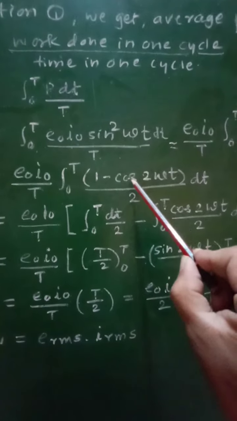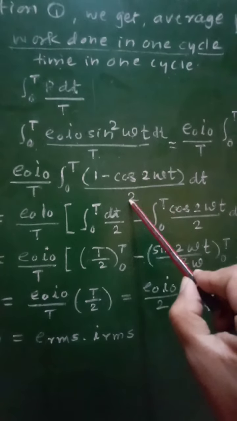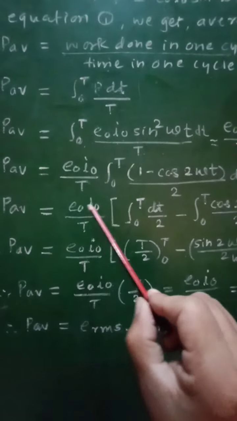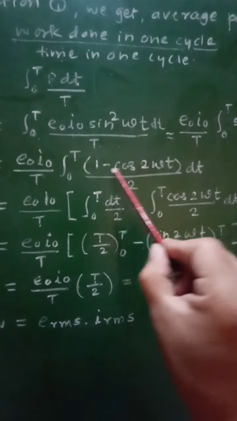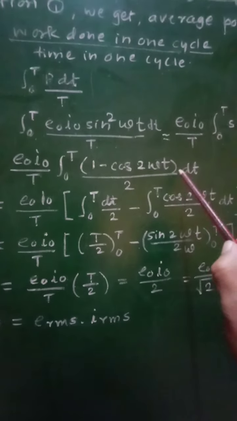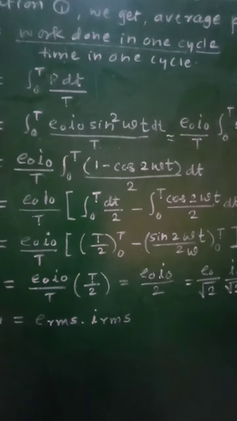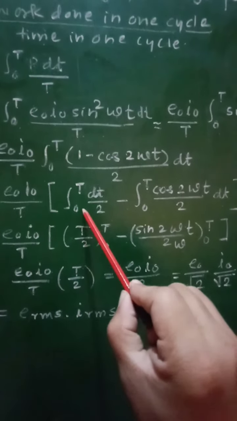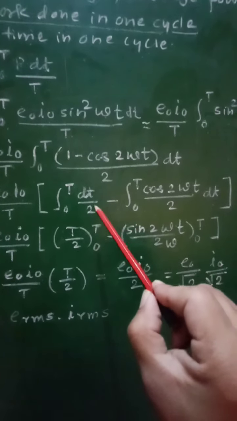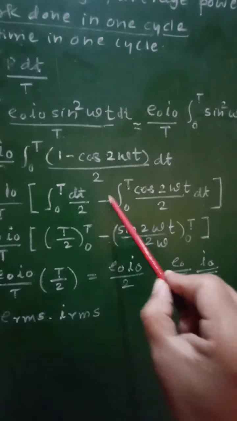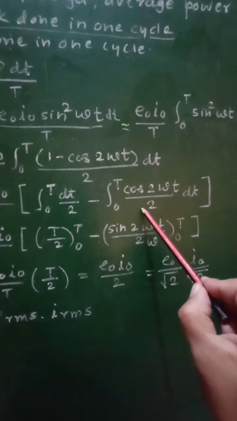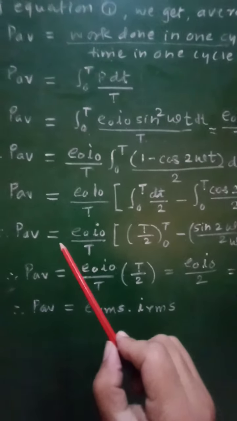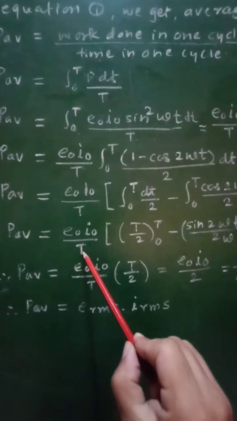Then further we can write P average is equal to E0 I0 upon T into, separating the denominator for these two terms and multiplying each term by dt, integration from 0 to T dt by 2 minus integration from 0 to T cos 2 omega t dt upon 2.